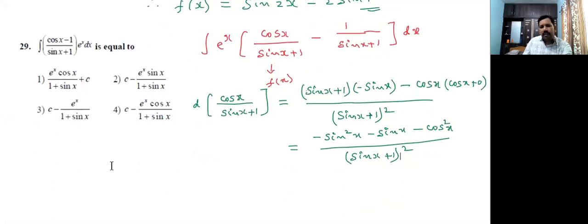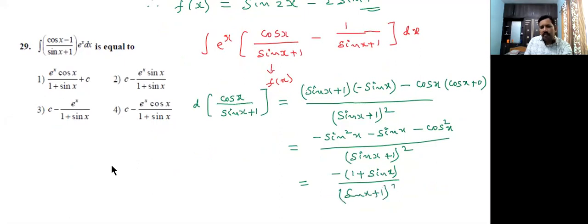Take minus common. You will get sin square x plus cos square x, whose value is 1. So we get minus 1 minus sin x. Take minus common. We get 1 plus sin x, and the denominator sin x plus 1 whole square is there.